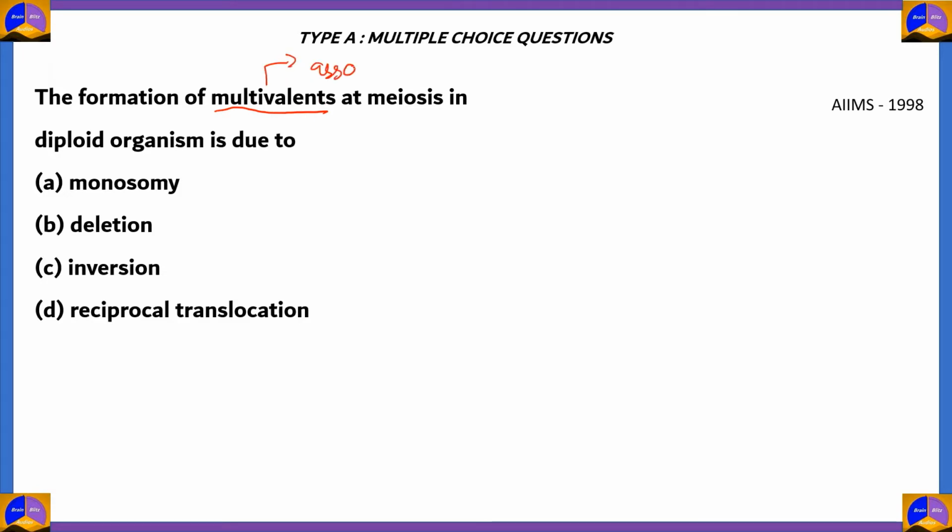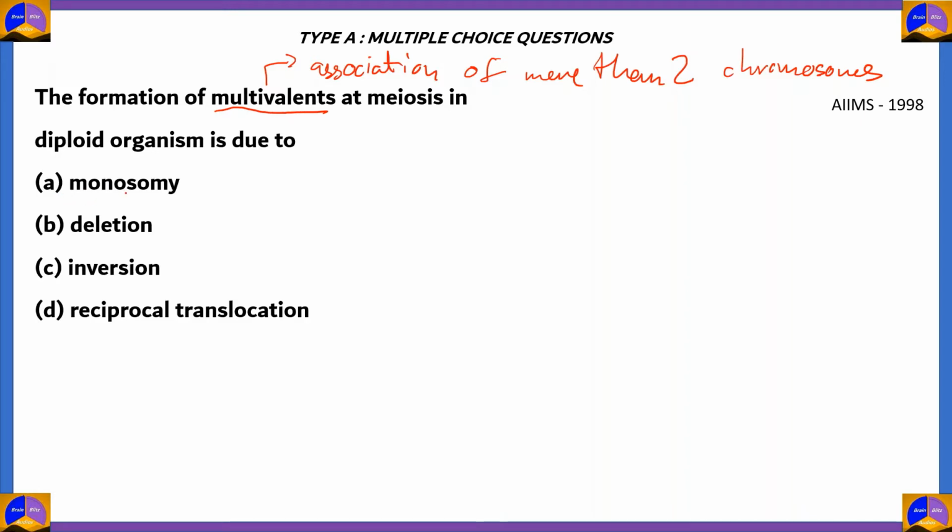Multivalence are association of more than 2 chromosomes. So let's look at each of our options. So the formation of multivalence are the association of more than 2 chromosomes. Let's look at each of our options.